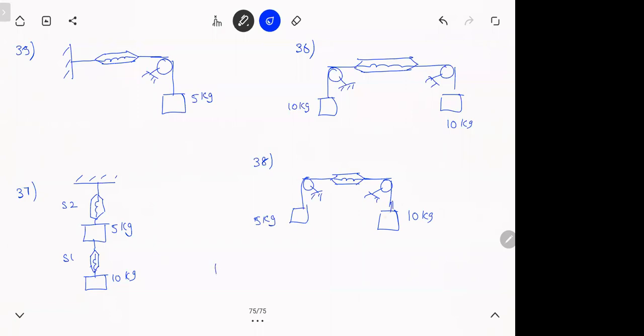So the question is, in all these things, find the reading of the spring balance. So what will the spring balance show? I'll give you 4-5 minutes.